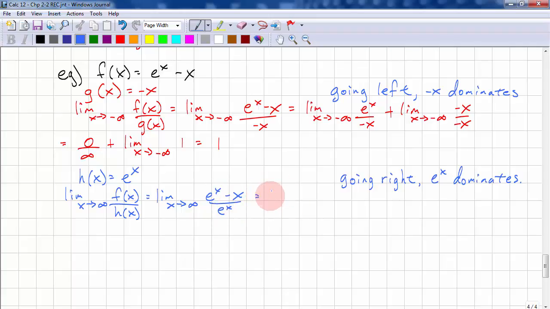And we break up our terms. And we can simplify this. And again, this would be L'Hopital's rule, and that's going to go to 0. So our limit is 1.